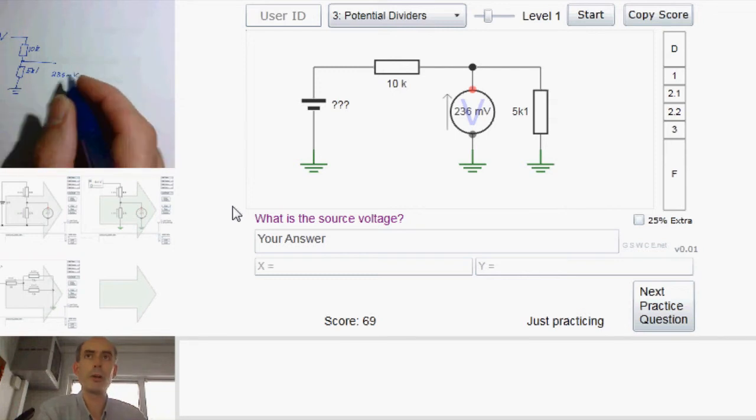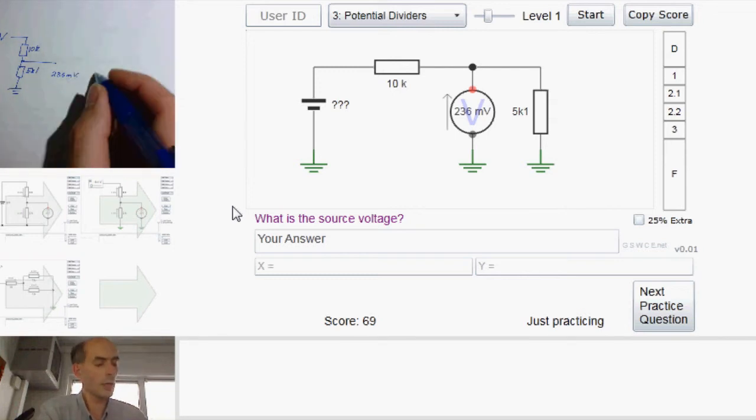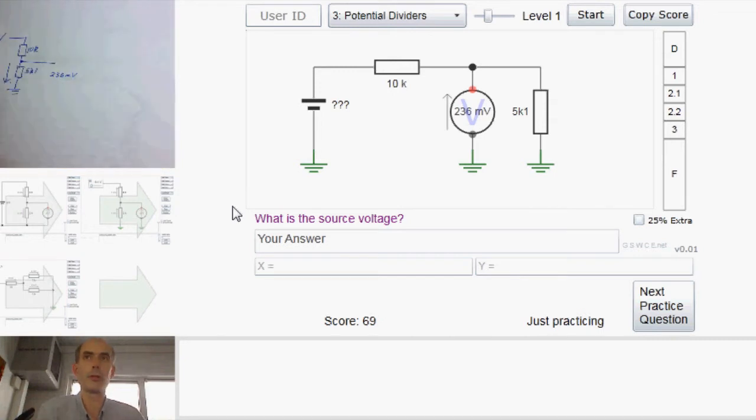Okay, well if I know that, then I can work out what the current must be. Because the current down here, flowing through that resistor, must be 236 millivolts divided by 5K1. That's voltage divided by resistance, that gives me current.